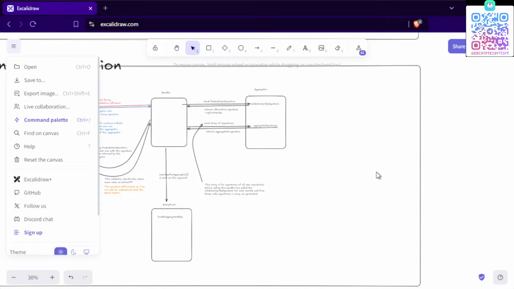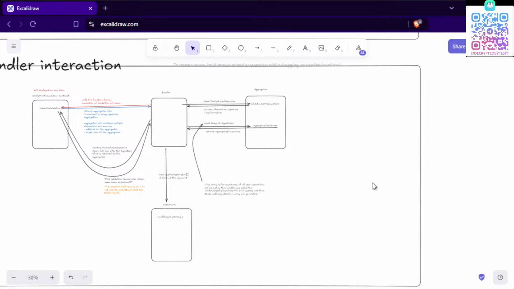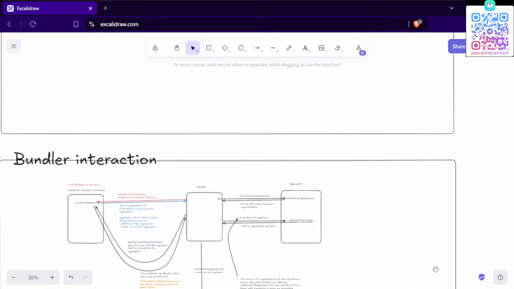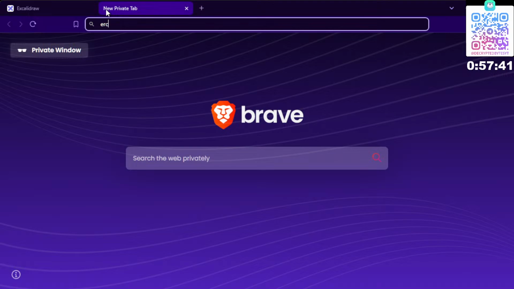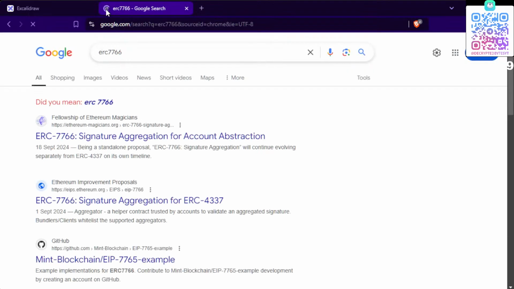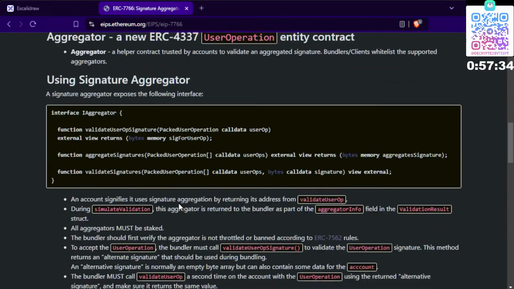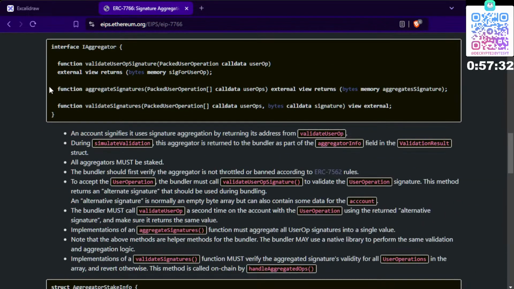Can you see this? Yeah, you can. We saw this interaction. Now we need to check this again and again till we get the complete idea.